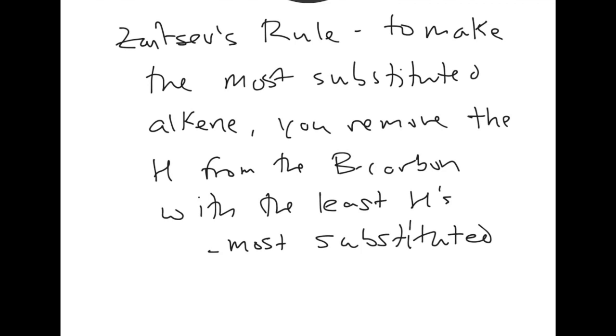The way you do that is you take a hydrogen from the beta carbon that has the least other hydrogens with it, right? That's the most substituted beta carbon, and that's going to lead to the most substituted double bond you can make.